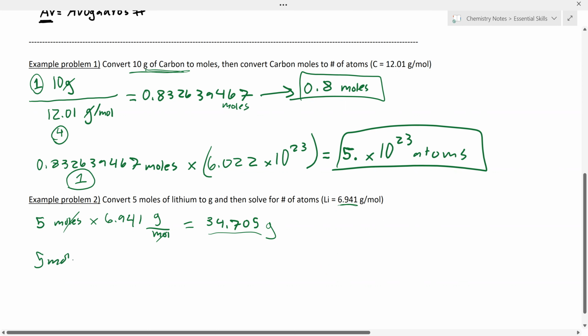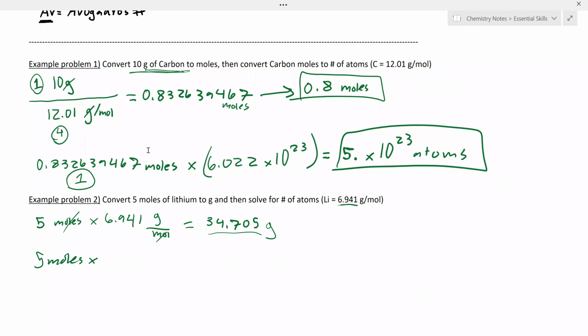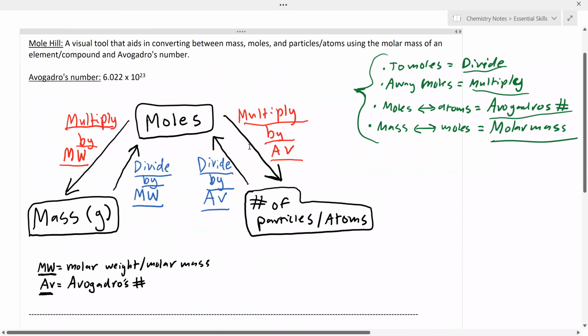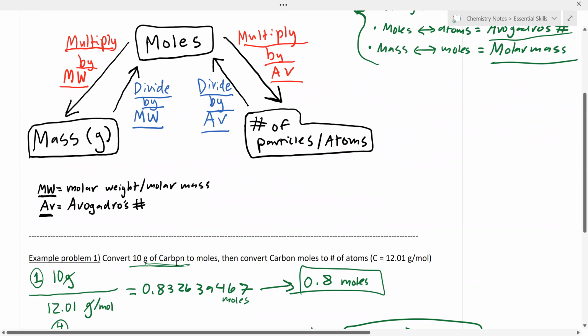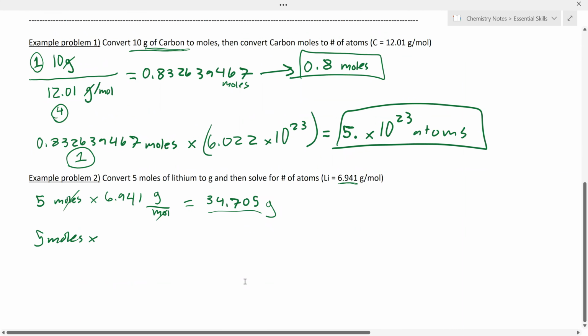I think it's multiply, but let's double check. Going from moles to atoms. Yep, it's multiply. We're going away from moles. This hasn't solidified yet, so I will do my best to start solidifying it. Okay, anyway, so you have 6.022 times 10 to the power 23.